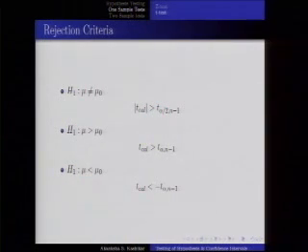So it is again exactly same. If I am interested in mu greater than mu naught, then I would be rejecting H naught if I get a very large value of the test statistic, because that large value is going to be less likely under H naught.